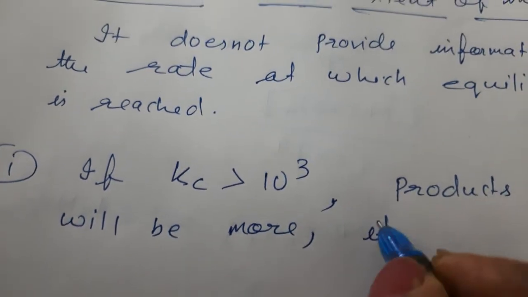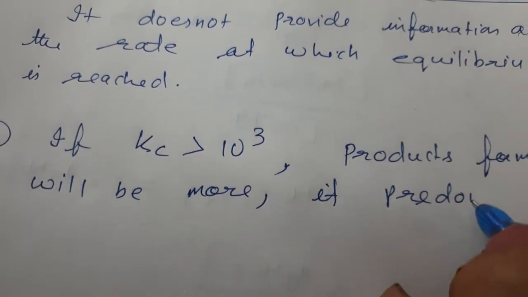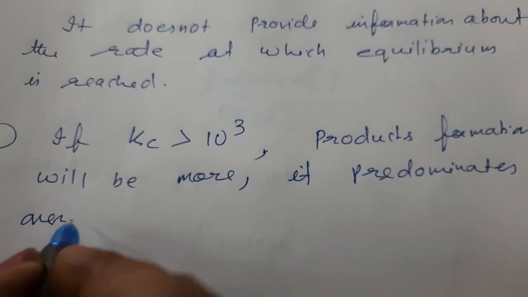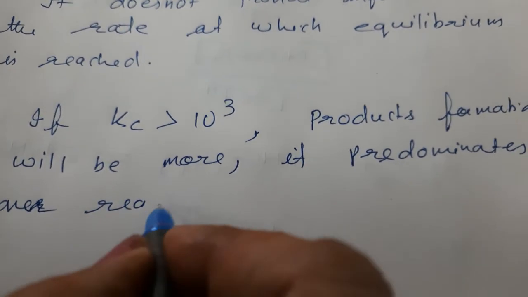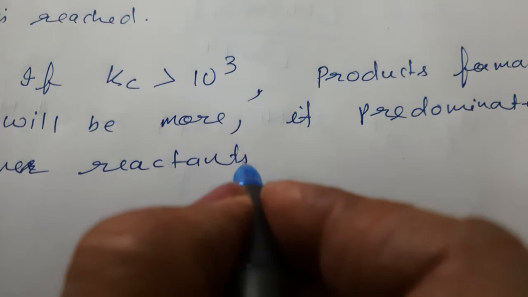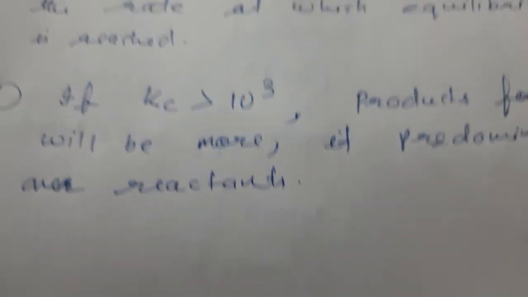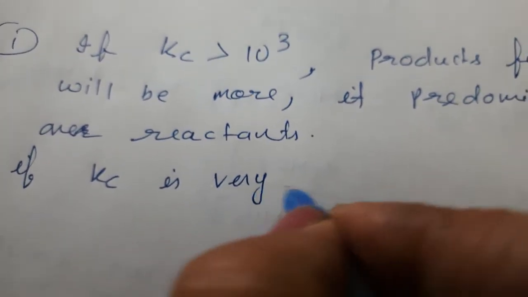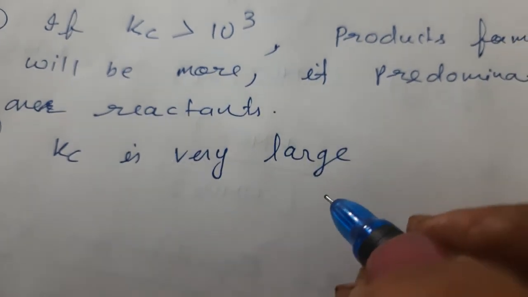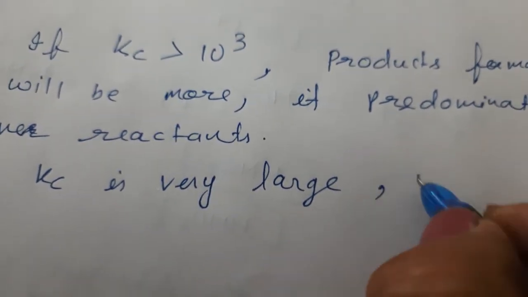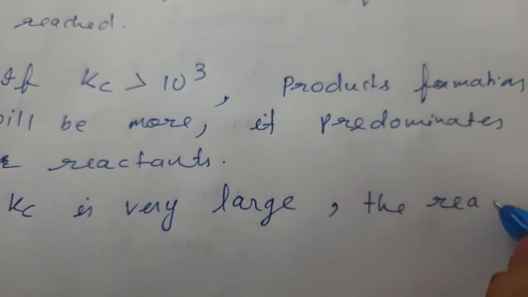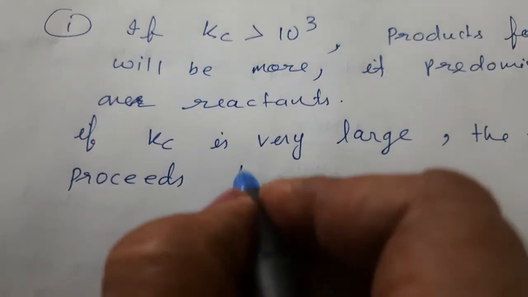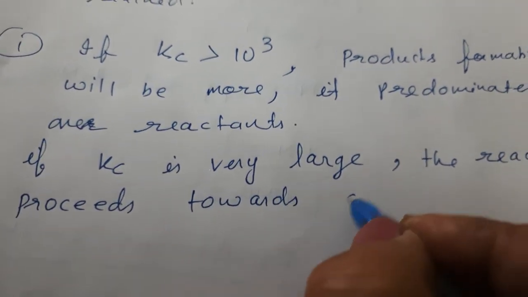It predominates over reactants. Okay. If Kc is very large, that means the reaction is about to complete. If Kc is very large, the reaction proceeds towards completion. Proceeds towards completion.